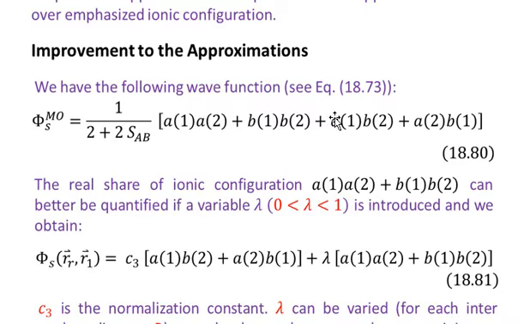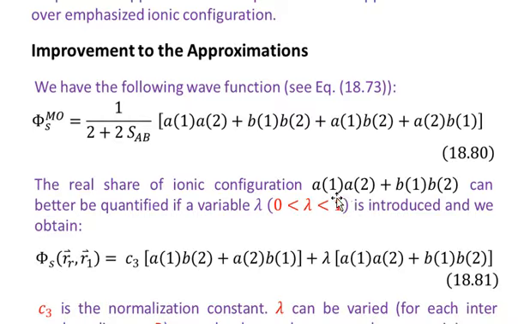We have the following wave functions obtained from equation number 73 for the molecular orbital method, and the real share of ionic configuration.